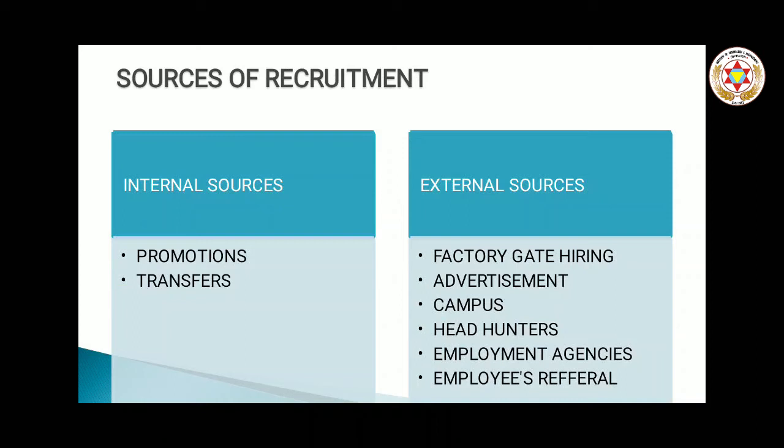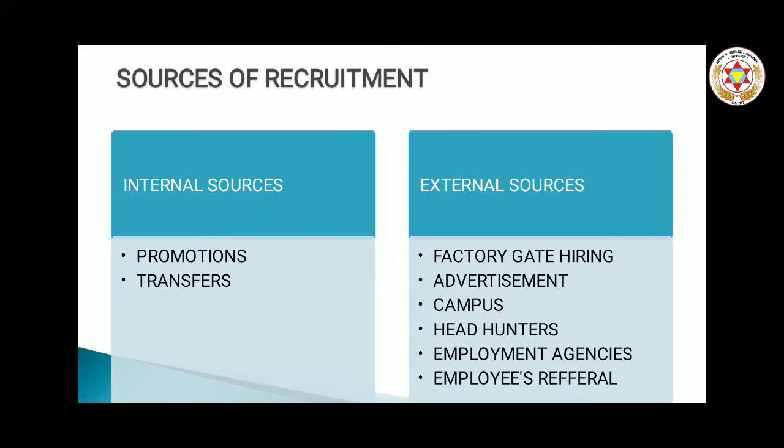It is for daily wage workers. Advertisements, given in newspapers and broadcast media. Then campus recruitment, for freshers, when companies come to different technical institutions to hire freshers. Headhunters, that is job hunters or consultants, to whom you give your resume and they send it to the organizations.